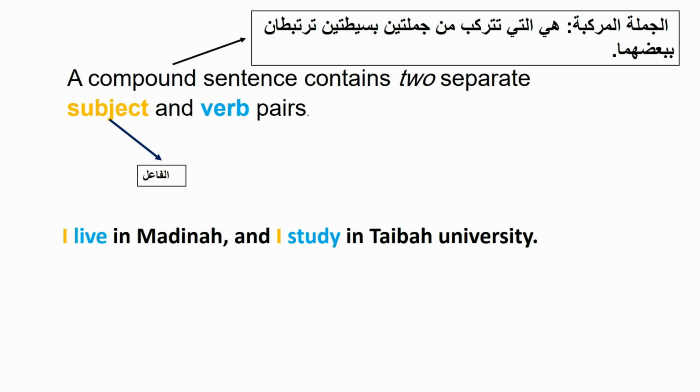So we have a subject and a verb. We have two of each. We have two subjects, I, and we have two verbs, live and study. So, I live in Medina and I study in Taiba University has two subjects and has two verbs.